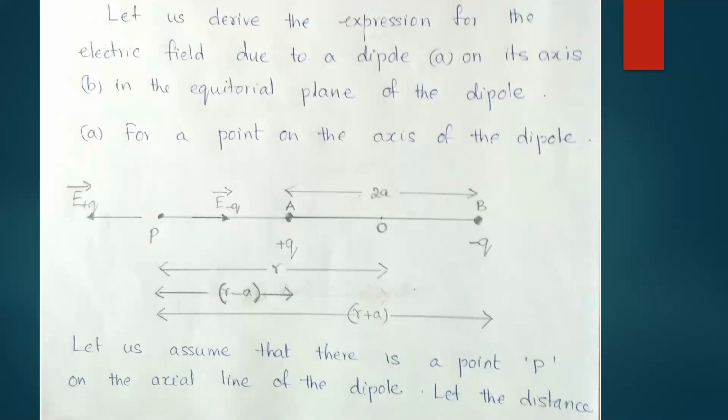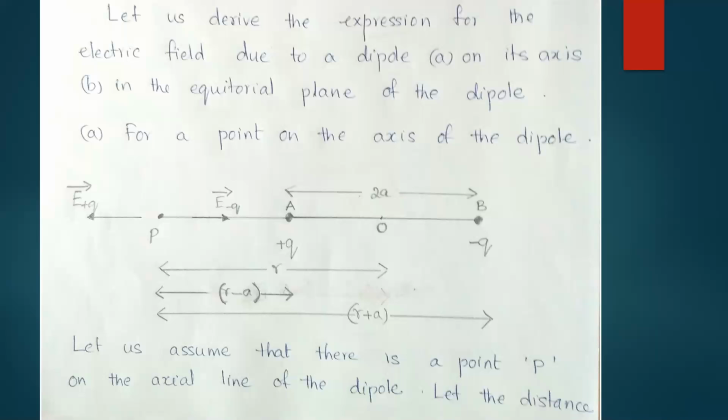And the second thing is the electric field due to the negative charge is always inwards. In this picture, you can see E minus q is pointed towards the negative charge minus q, that is, the arrow is from our left to right. So E plus q is from our right to left, and E minus q is from our left to right.